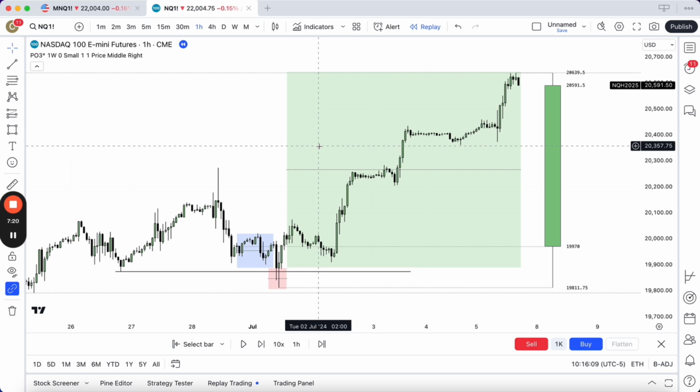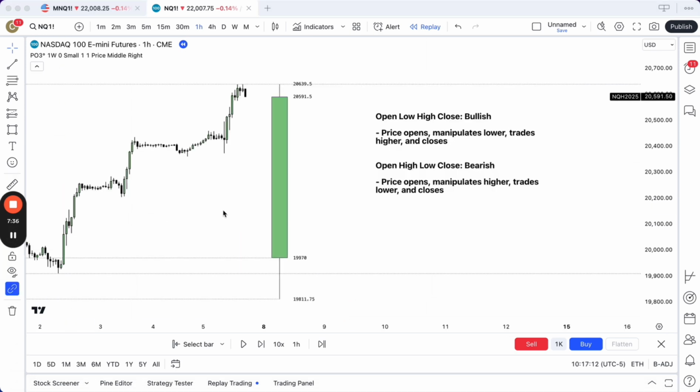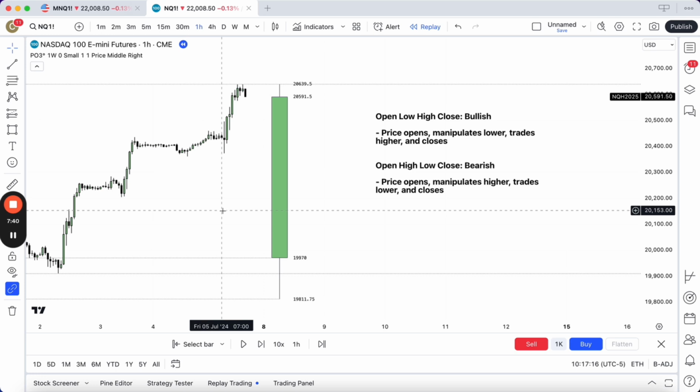Now, this is extremely helpful with the weekly candle. This is extremely helpful with the daily candle. This works on every single time frame. Time is fractal. A lot of people use the power of 3 with the 4-hour candle. I can get into that with another video. I can make a whole entire video about the power of 3. Once again, I have these terms written out for you so you can go ahead and take notes.